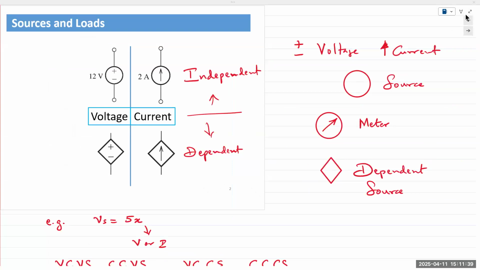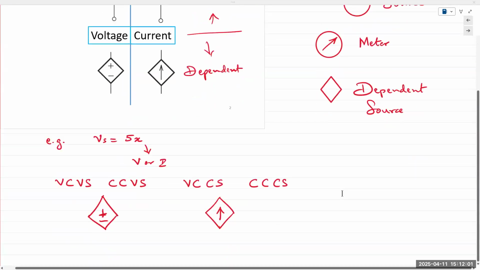Okay, so we had stopped right here, sources and loads, and we looked at independent sources and dependent sources, right? Independent and dependent. Then we were in a rush at the end where we pointed out that the dependency can be of 2 kinds.